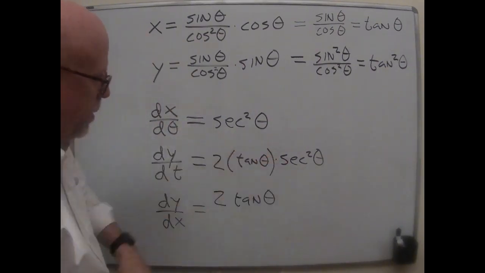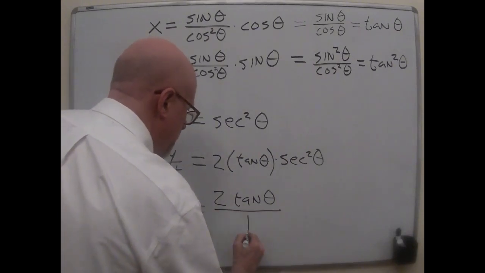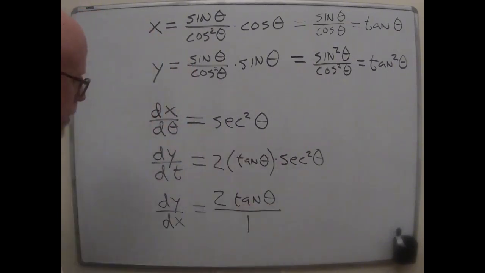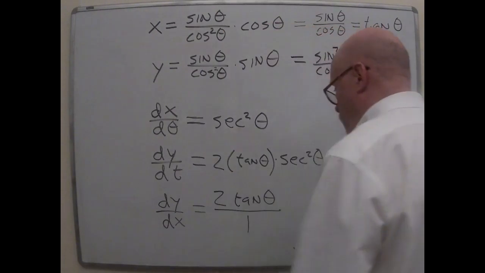You see that both of them have a secant squared in them, so those are going to cancel when we put one over the other, and we end up with twice tangent of theta. Great. I had wanted to do this at a particular point so that we could see what would happen there, and the point was when theta is equal to pi over 4.